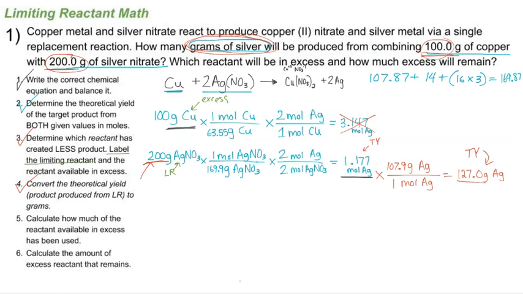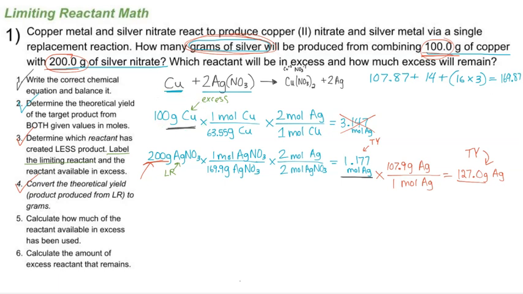So you could start with 200 grams of silver nitrate and convert to grams of copper, but that's actually an additional step. So I'm going to start with the 1.177 moles of silver, and I'm going to convert it to an amount of copper that gets used up. And what I get should be less than the 100 grams that were available, because we know that not all of this 100 grams is actually going to be used here.